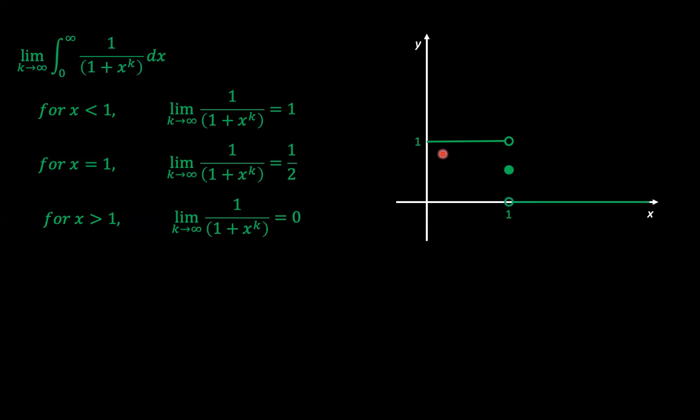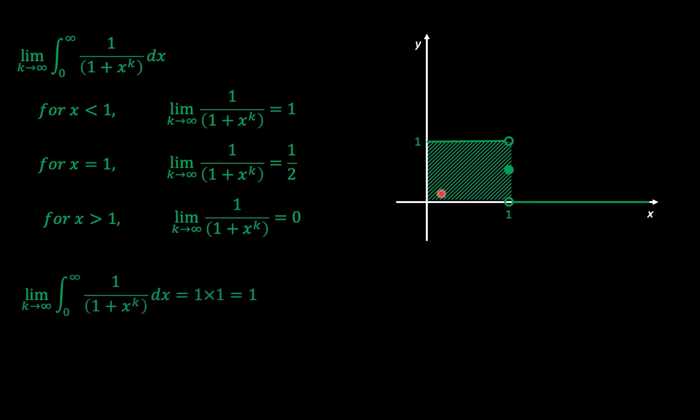So the integration from 0 to infinity is simply the area of the rectangle under this line, which has length 1 and height 1. In other words, the limit of k tending to infinity of the integral from x equals 0 to infinity of 1 over 1 plus x to the power k is equal to 1 times 1, which is equal to 1. So the green integral results in 1.